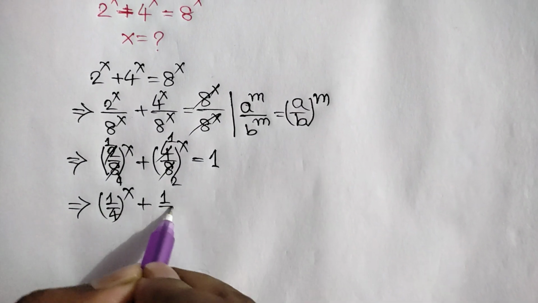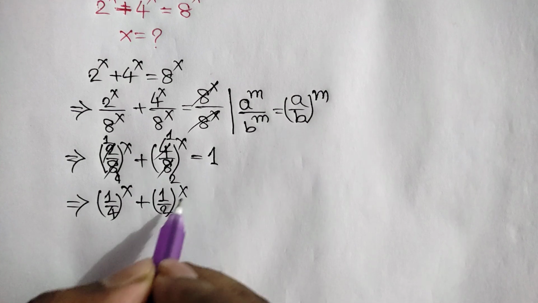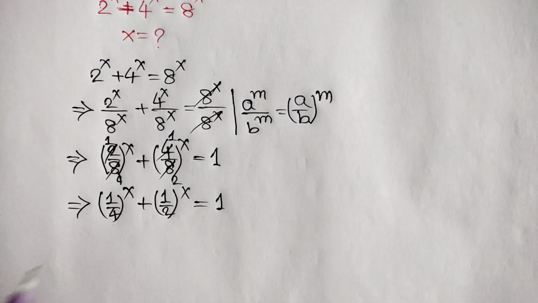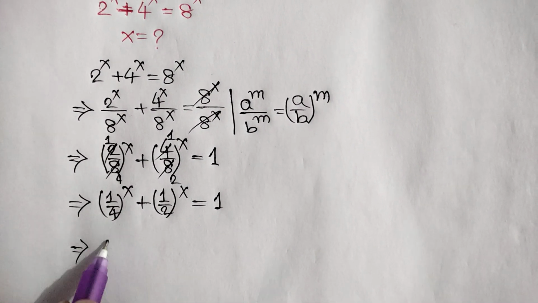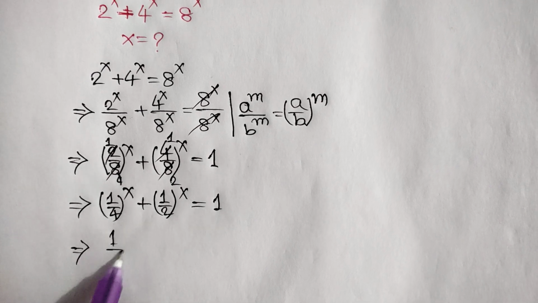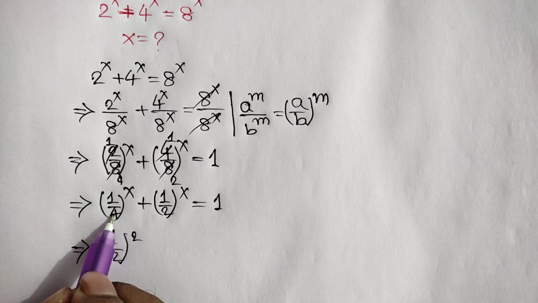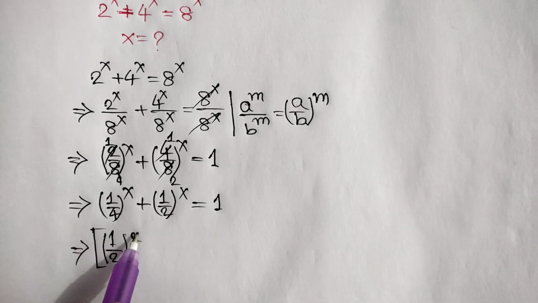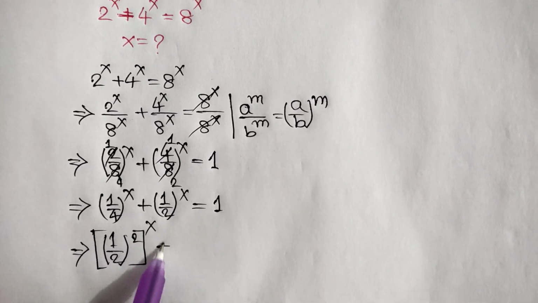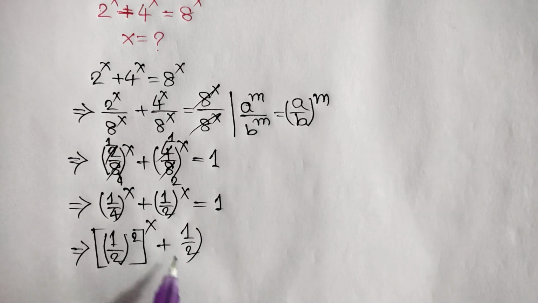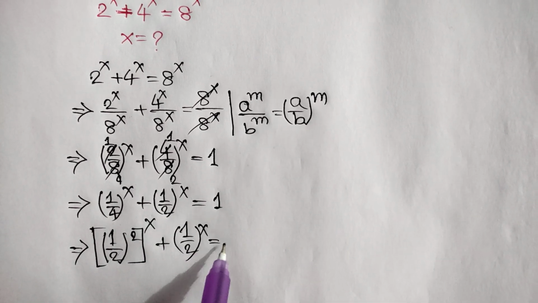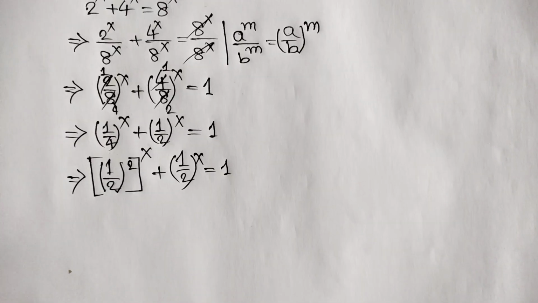So here we can write 1 over 2 to the power x is equal to 1, or 1 over 2 whole square, because 2 square is equal to 4, whole to the power x plus 1 over 2 whole to the power x is equal to 1.